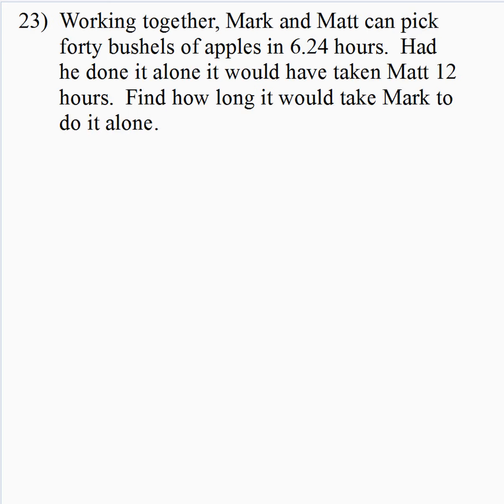And the last one, number 23, is very much like 22. We have Mark, Matt, and together it looks like they can do 1 over 6.24.